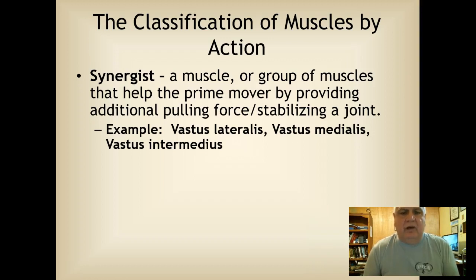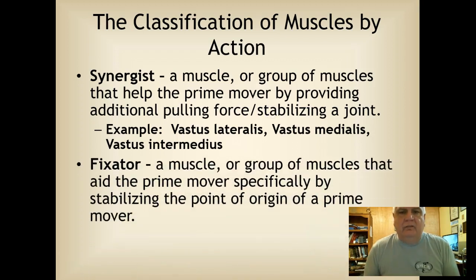These muscles, the vastus lateralis on the outside, the vastus medialis on the inside, and the vastus intermedius underneath, will provide additional pulling force to help overcome the resistance, and as such, they are classified as synergists to the rectus femoris because they help the rectus femoris to overcome the resistance, to extend the leg.